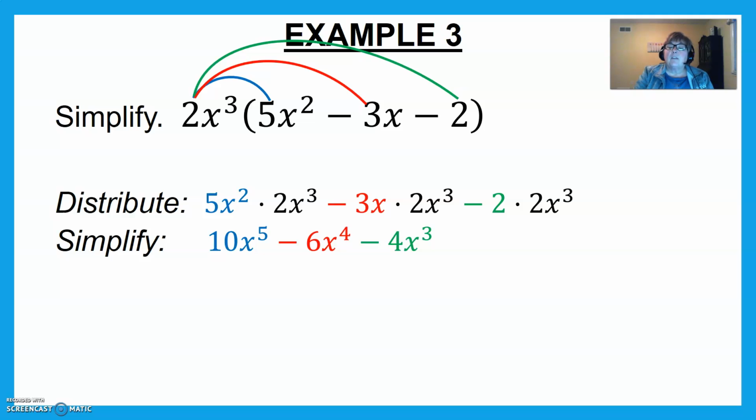And it's just x to the third because the negative 2 didn't have an x term. So 10x to the fifth minus 6x to the fourth minus 4x to the third. So it's just taking exactly what we did yesterday, or in the previous lesson, and applying it here as we distribute.